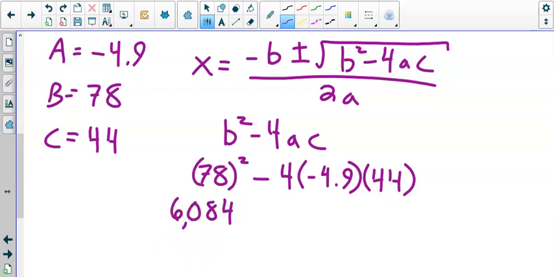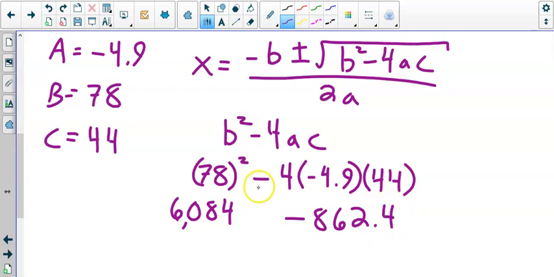Okay. What is 4 times negative 4.9 times 44? Negative 862.4.